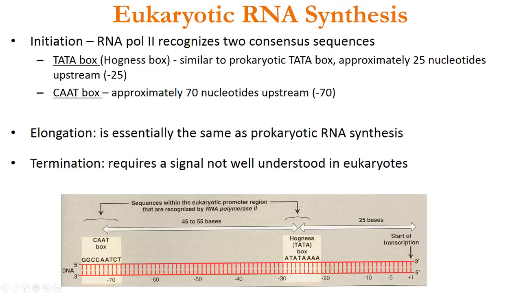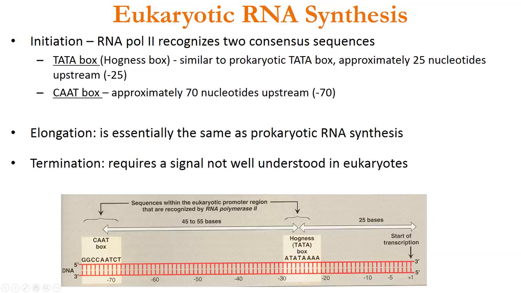These 2 consensus sequences in eukaryotes perform a similar function as the -35 and the TATA box we saw. So we have a TATA box in eukaryotes, also called the Hogness box. Similar idea. It's actually located a little bit differently. It's centered right around -25. The eukaryotic RNA polymerase is actually a little bit bigger.